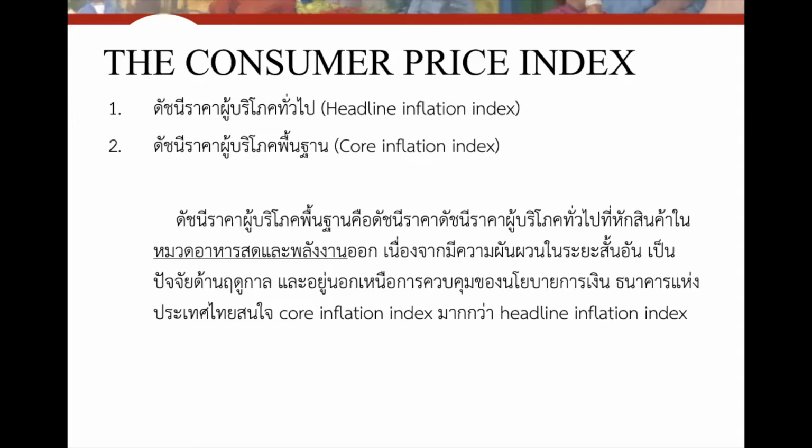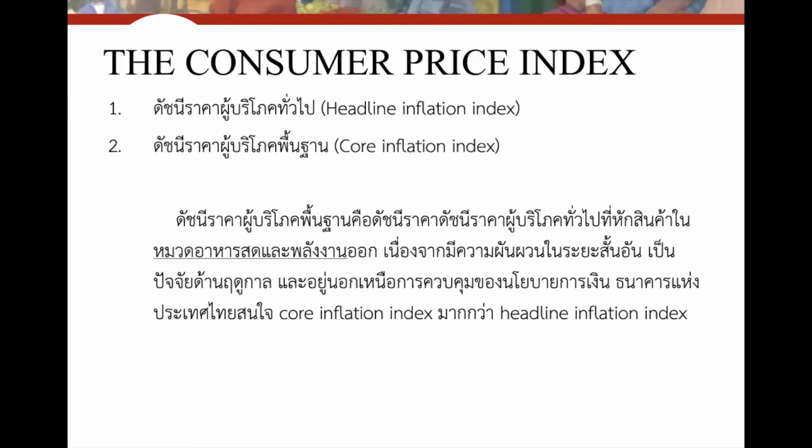But when we talk about the core inflation index, we want to remove the categories of products that have some seasonal change in supply, or are sensitive to market price changes like gasoline, because it depends on the world market, right? So for the core inflation index, we remove two categories.